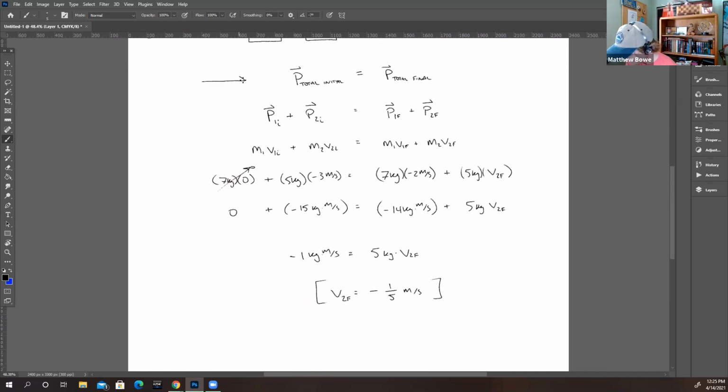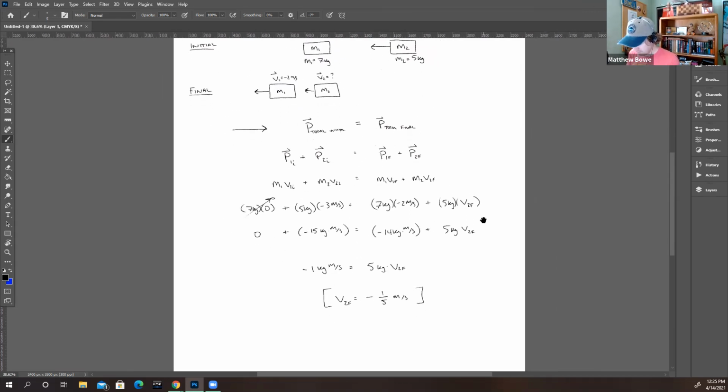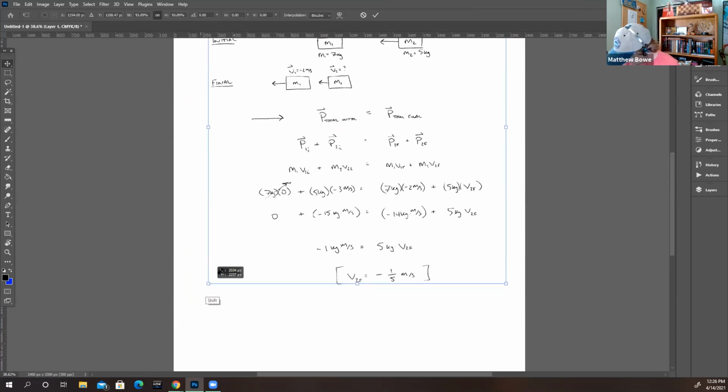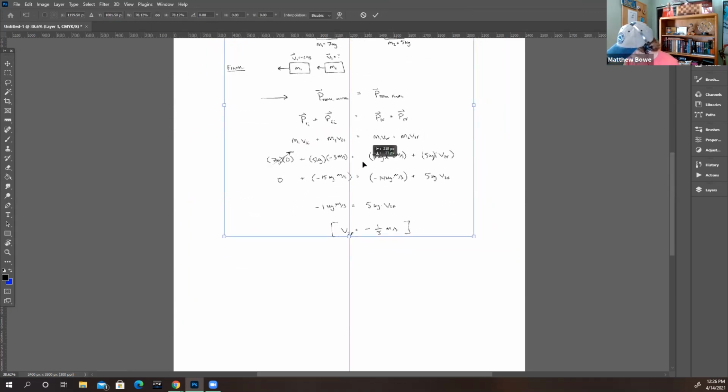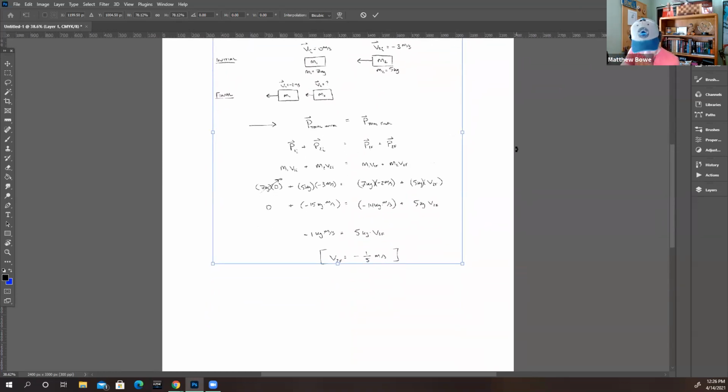We look at the total momentum before and the total momentum after the collision. Okay, so I'm at least going to introduce something else that we're doing in the lab.